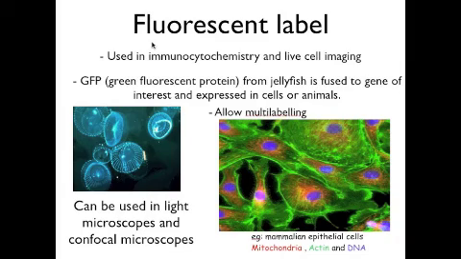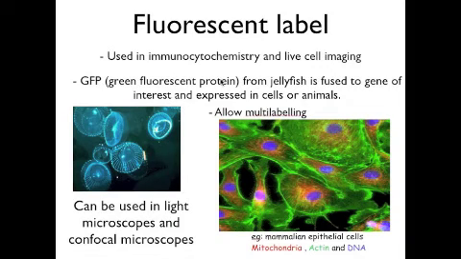Another type of labeling is fluorescent label. This is often as well used in immunocytochemistry, and it's also used in live cell imaging. This protein, called the green fluorescent protein, came from these jellyfish. As you can see, they glow around these areas particularly.